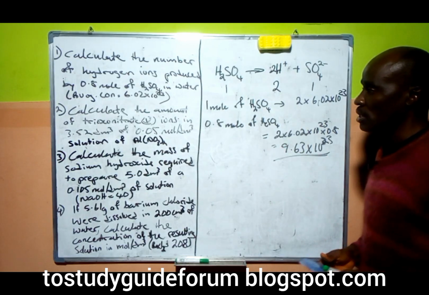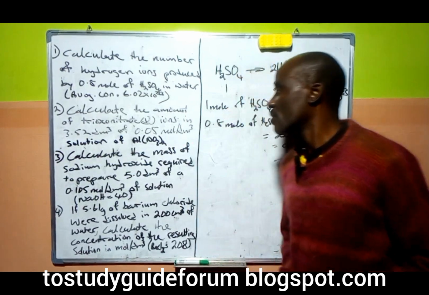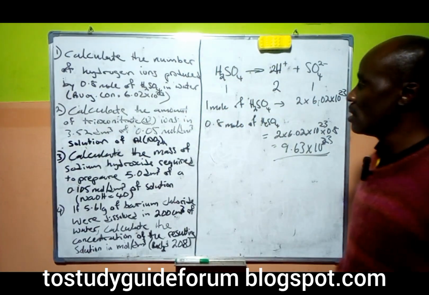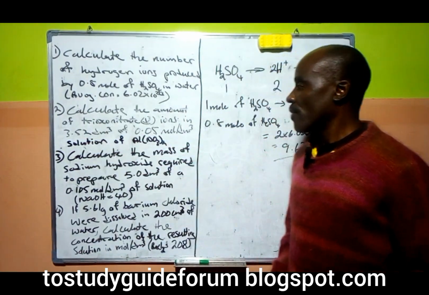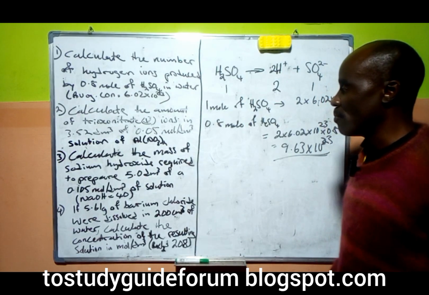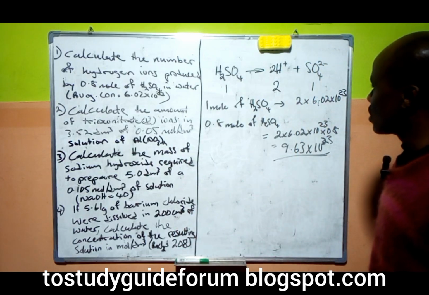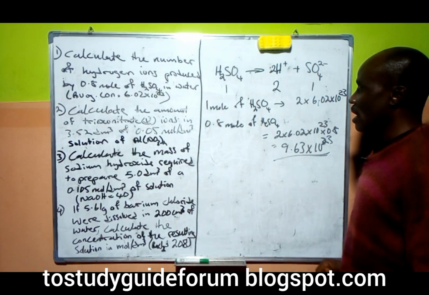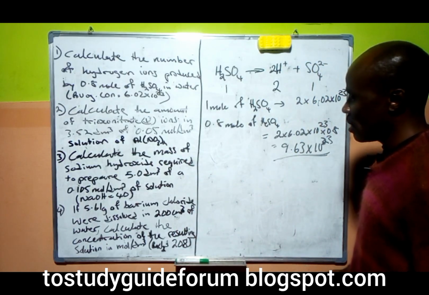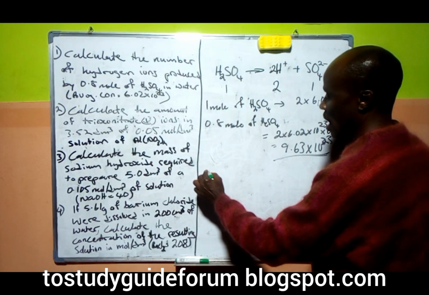The next question says: calculate the amount of trioxonitrate(V) ions in 3.52 dm cube of 0.05 mole per dm cube solution of aluminium trioxonitrate(V). In the same way, we need to write down the balanced chemical equation of what really happened in the reaction.